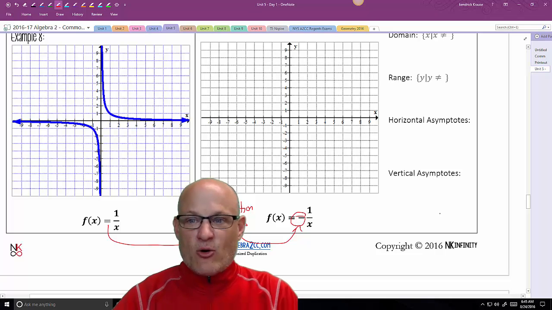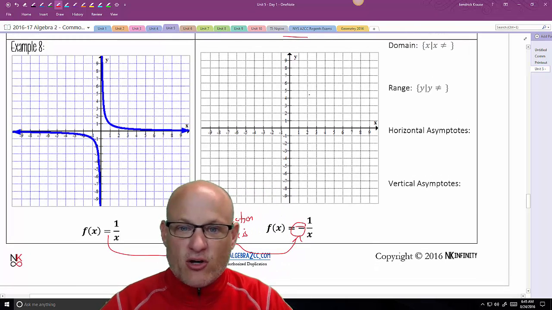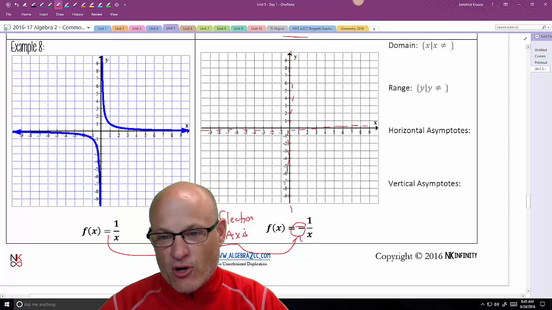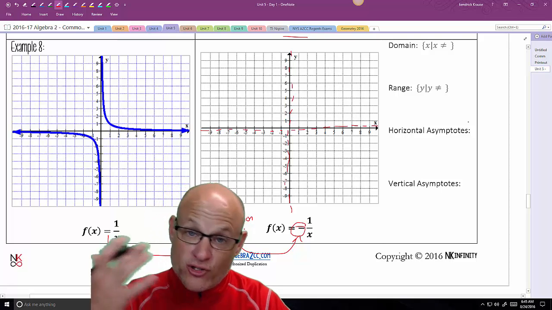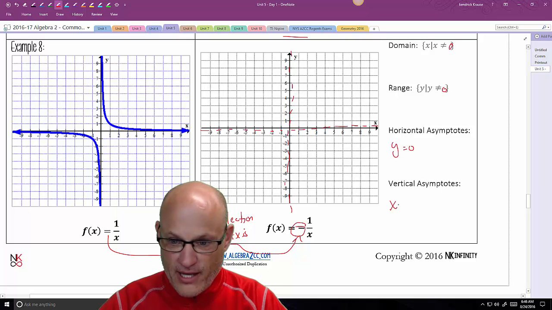So my horizontal and vertical asymptotes aren't going to change. So when I come over to here, my horizontal asymptote's here, my vertical asymptote's here. By the way, don't be this sloppy when you draw your horizontal and vertical asymptotes, and it's good to do it in colored pen. Those are both 0: y equals 0, x equals 0.